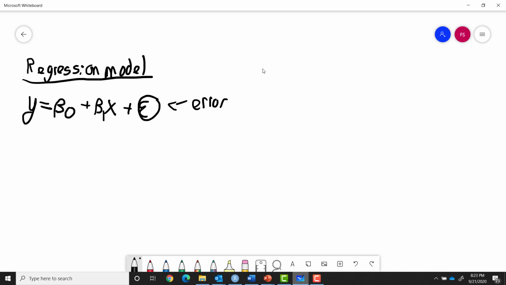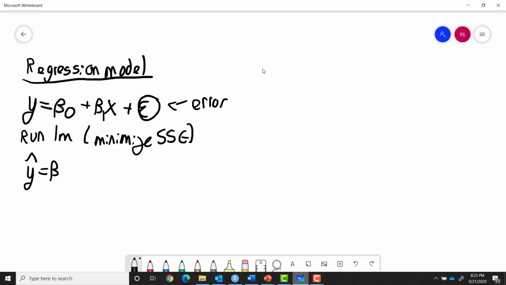Now we run the lm, and what we're doing is minimizing the SSE, which I talked about before. After we've run the lm, we get the fitted regression. This is what we call the equation of the regression line.